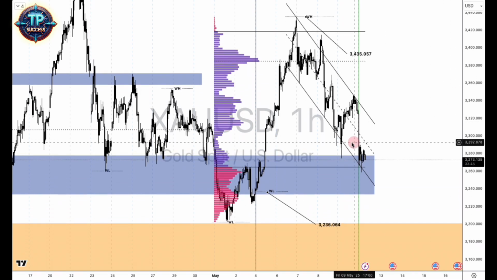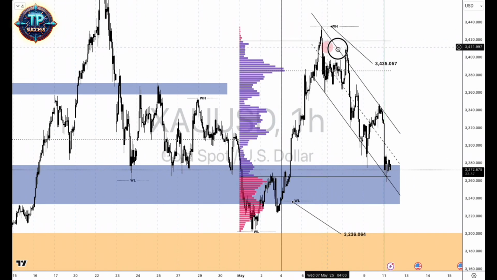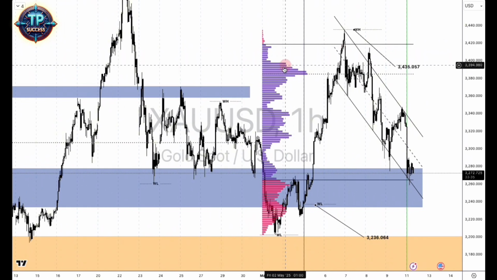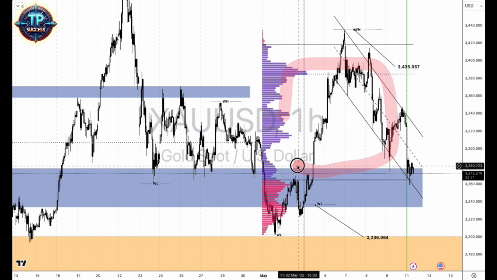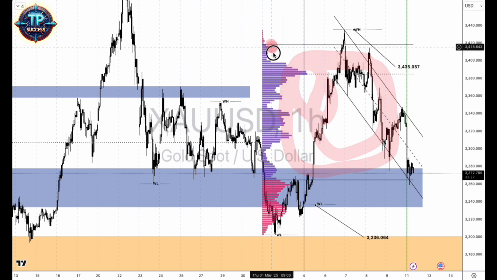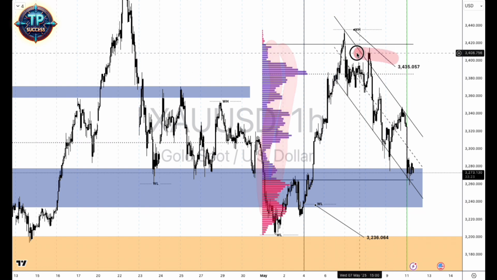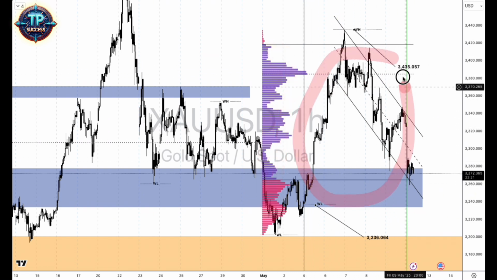Now also as well, this whole entire area is the high value area of this monthly volume profile. So this whole area right here is the high value area, right?